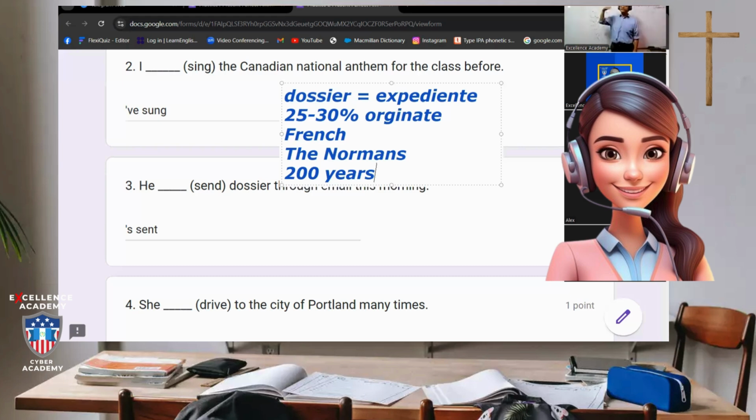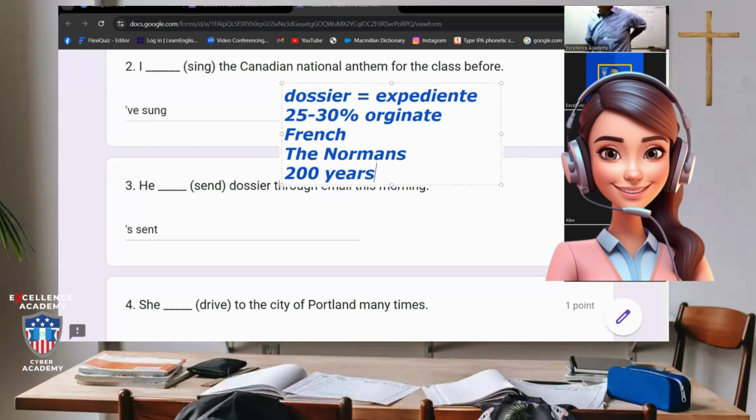When the boss speaks French, everybody else has to speak French. And that's one of the reasons why there's a lot of French vocabulary in English. It's due to the fact that these Normans governed England for over 200 years, and that's why a lot of French vocabulary is used.